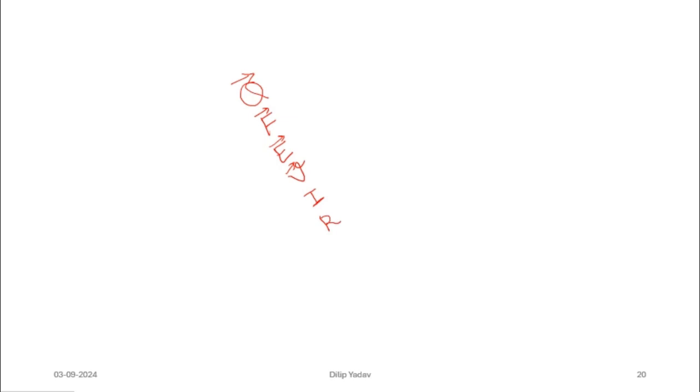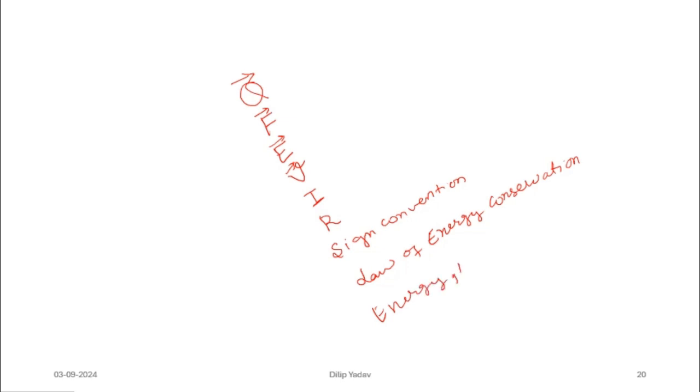Then we studied the sign conventions, the law of conservation of energy, and then what is energy, what is power, and what is work done. This all we have covered in our previous lecture.